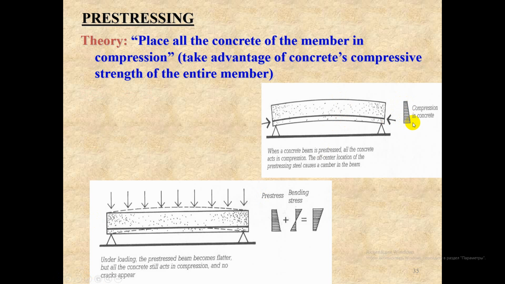The off-center location of the pre-stressing steel causes a camber in the beam. Under loading, the pre-stressed beam becomes flatter, but all the concrete still acts in compression and no cracks appear.